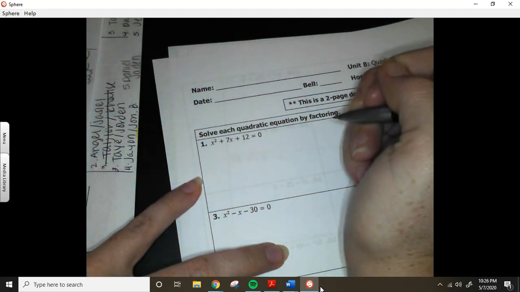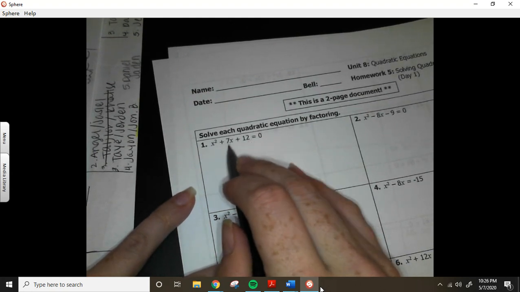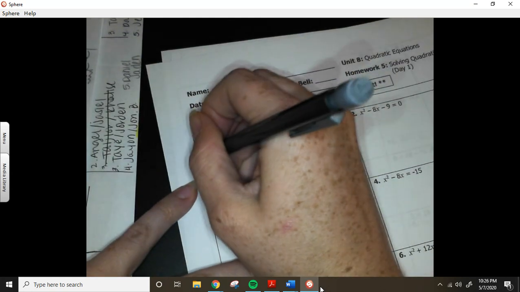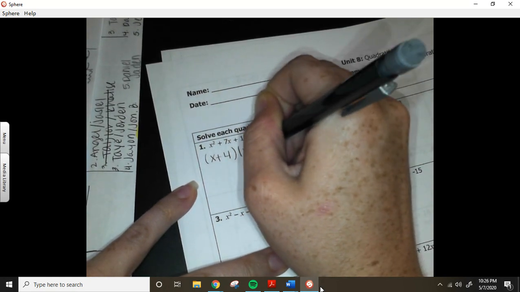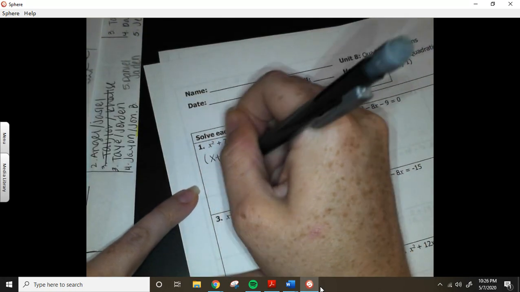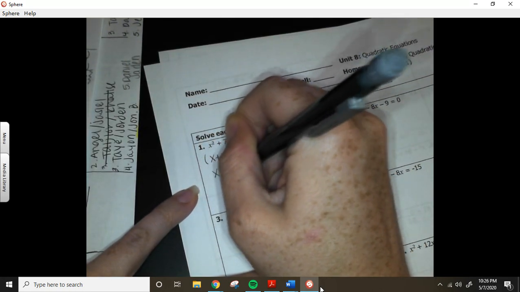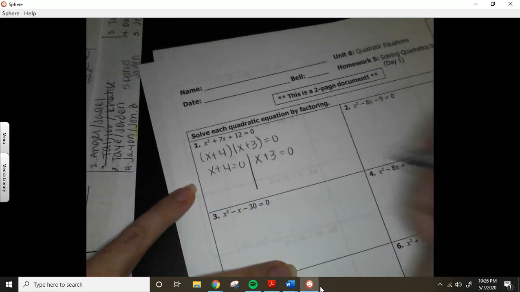The first step is to make sure you are equal to 0. This one is. So we're going to factor. This is a regular trinomial, so we're going to say what multiplies to give us 12 and adds to be 7. That's x plus 4 times x plus 3 equals 0. Now we're going to split them up and do x plus 4 equals 0, x plus 3 equals 0, and solve.